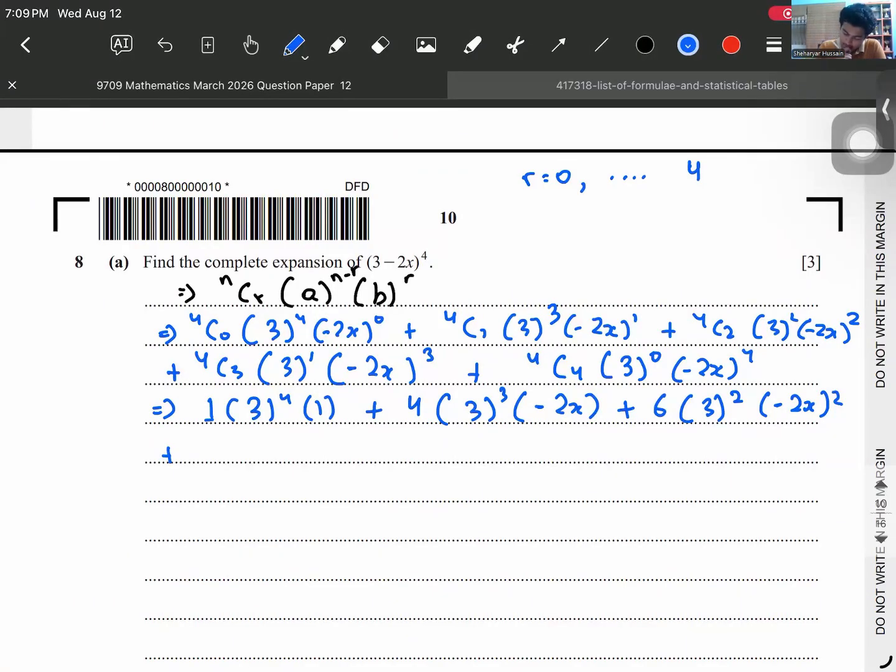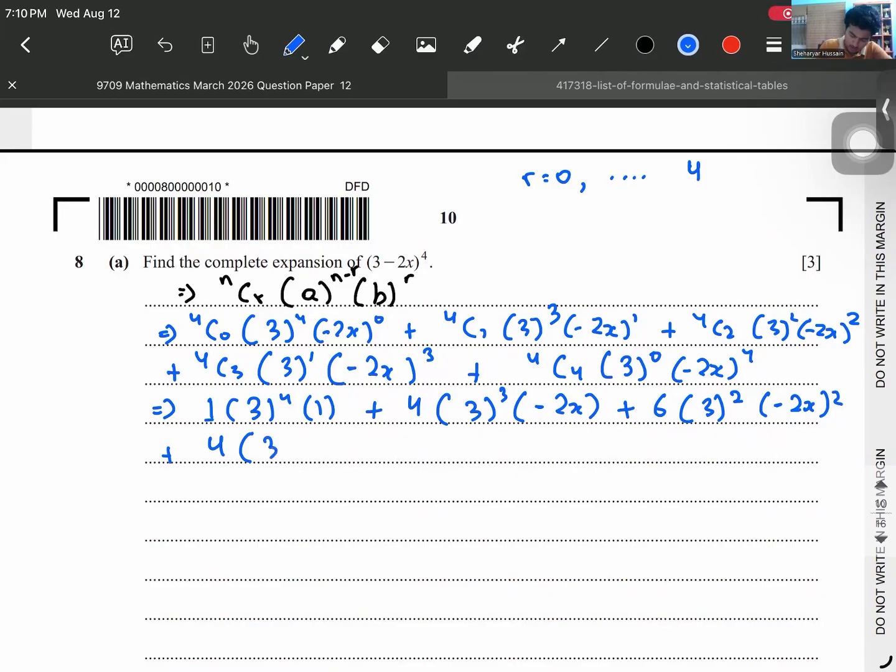Continuing forward, what is 4C3? If I remember, 4C3 is 4, right? Basically, it starts from 1, then goes on to 4, then 6, then 4, and then 1 again.